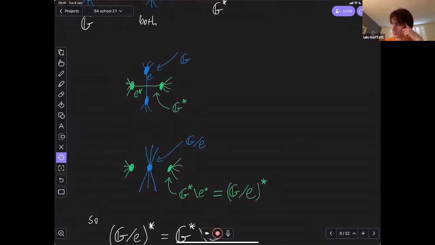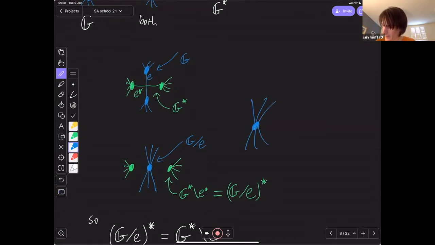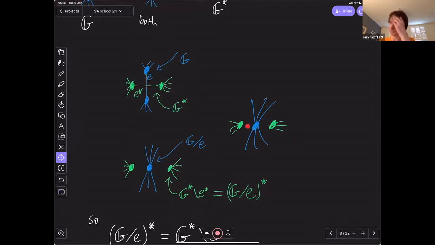So I just throw that edge away and I get this picture here. But the thing to notice once I've done this is that if I was going to form the dual graph of this blue one, I would get two vertices here, but because this edge is missing, I no longer have an edge.